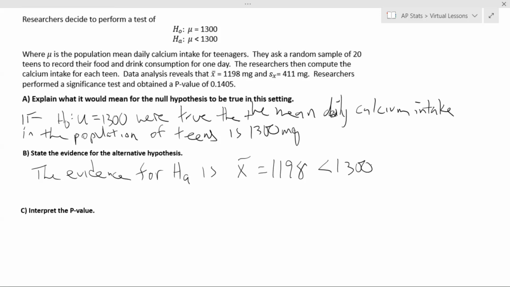So this is where the p-value comes in, and the p-value tells us the probability of getting a result as extreme or more extreme than what we got if the null were true. So what's the chance of getting a sample mean of 1,198 if the true mean is really 1,300? The p-value says that that's about a 14% chance.